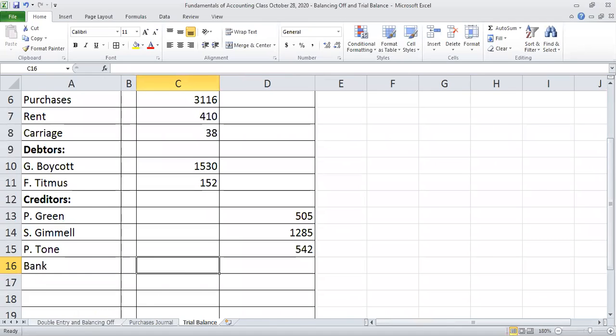So it's 2,526. And you put in cash as well.